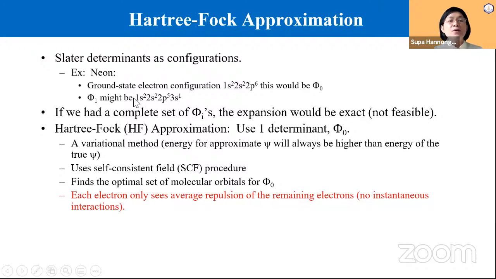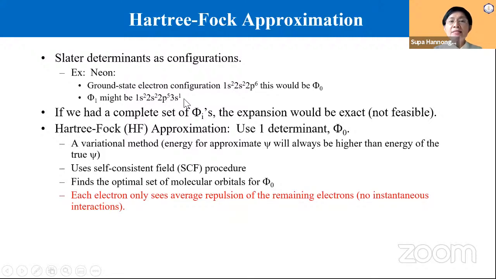Okay, so can we consider it in other ways? For example, if one electron in the p orbital goes out to the 3s orbital, then we have the 1s orbital, 2s orbital, 2p with 5 electrons, and another one electron can go to the 3s orbital.